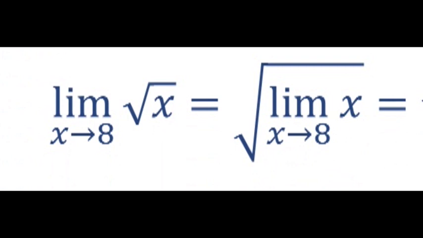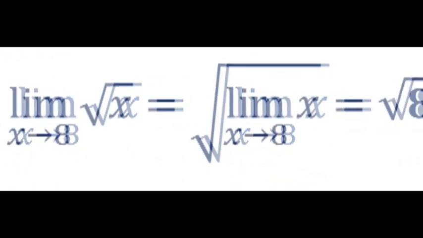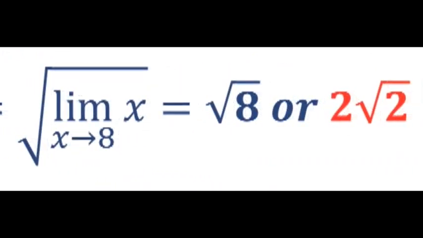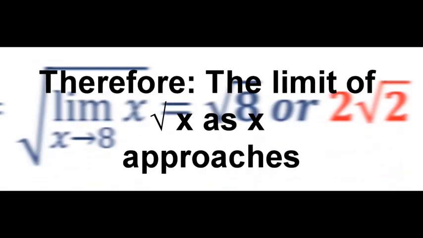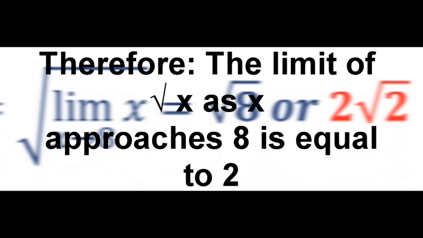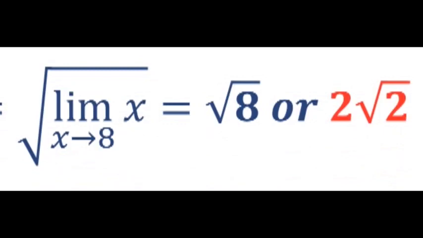Then simply substitute, our k here is 8, and then the square root of 8, in simplest form, is 2 square root of 2. Therefore, the limit of square root of x as x approaches 8 is equal to 2 square root of 2. It is important also to simplify the given. So you must review those radicals, sometimes fractions, to be able to simplify the result.